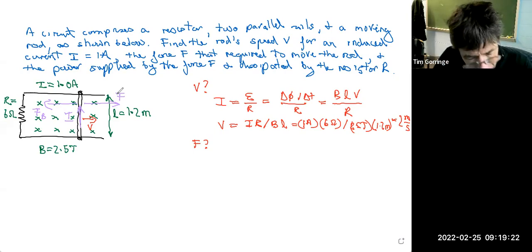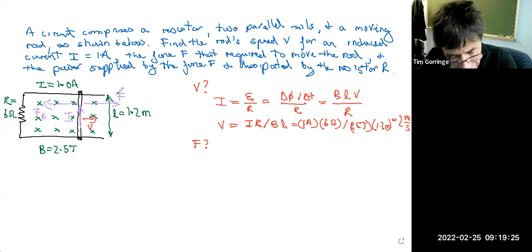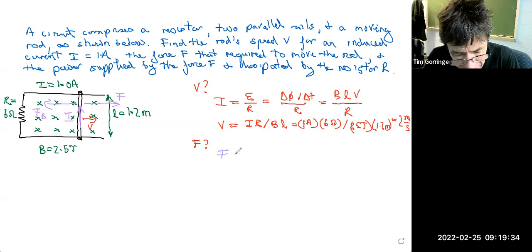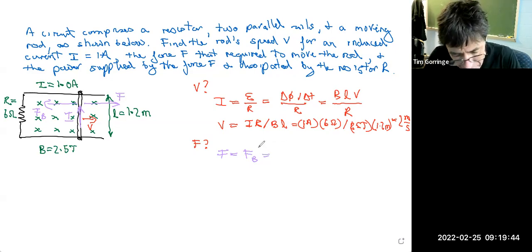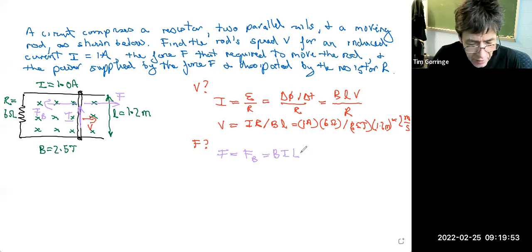Now we've got that picture, it's actually pretty easy to figure out the size of the force that we're applying. So how big a force are we applying? See if we can figure that out. So the size of the force that we're applying is equal to the size of the magnetic force, FB, and that force due to the magnetic field equation is just going to be BIL, the field strength times the current times the length of the rod.